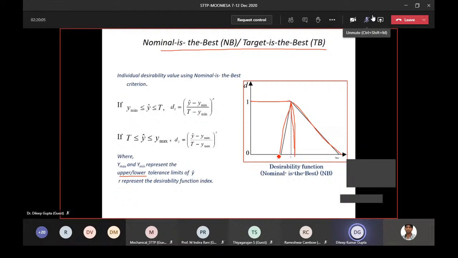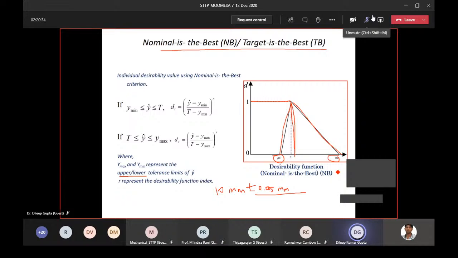I need 10 mm diameter of shaft plus or minus 0.05 mm, right? In this case, either plus or minus, both conditions are the worst. So y minimum and y maximum, whatever we are getting, will always be 0 value, right? It is not like one side is 1 and another side is 0. In both cases, it will be 0.